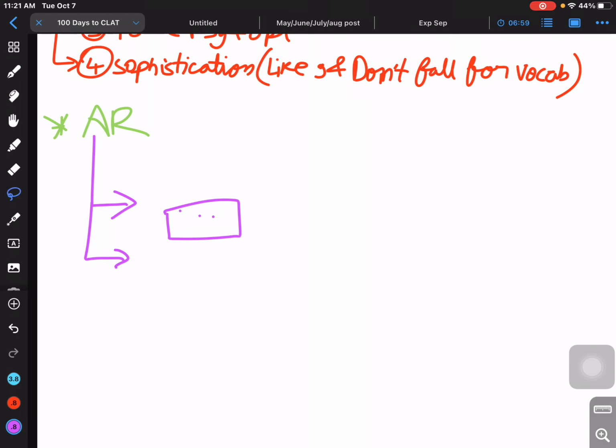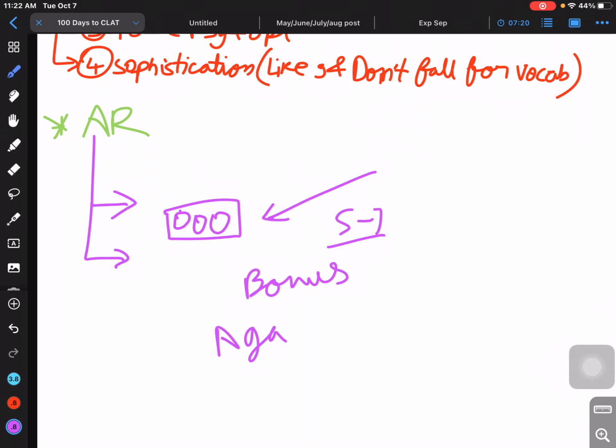So that is how one shall have a mindset for AR. First see if there are not many variables, then attempt it. If you are spending 5 to 7 minutes and the AR set is not getting solved, just leave it. Treat analytical reasoning as your bonus, not as the mock questions. And if you are not able to solve that AR, then no one is able to solve it.